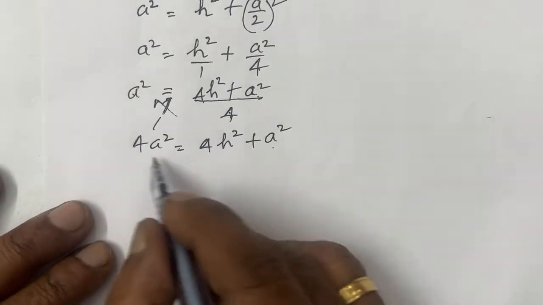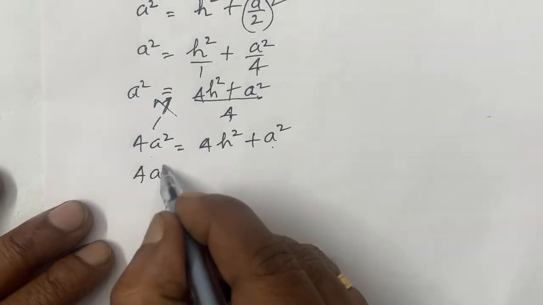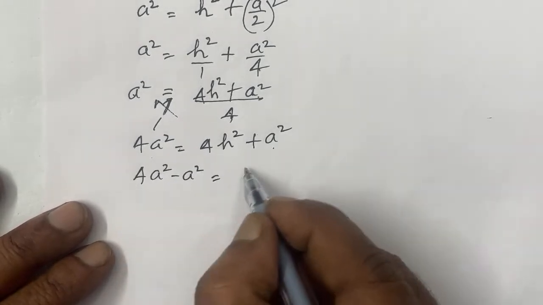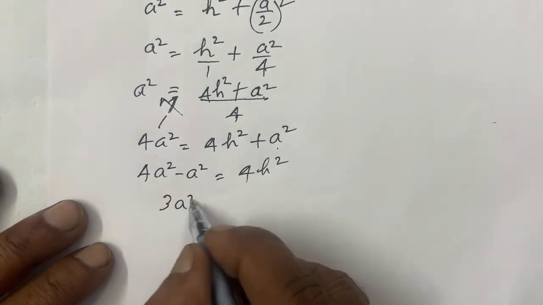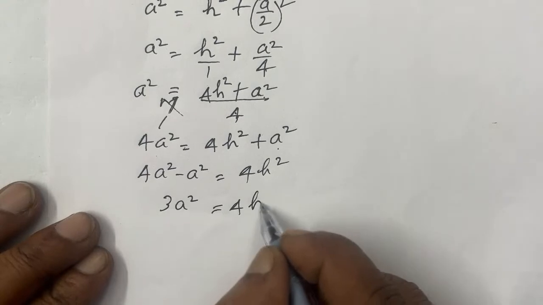Now I'll bring a square to one side: 4a square minus a square is equal to 4h square. And then 3a square is equal to 4h square.